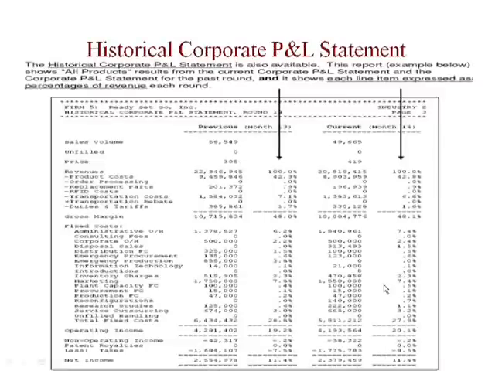Along with the current month's profit and loss statement, you also have information of the historical corporate profit and loss statement. And in addition, you get information as a percentage of revenues. So the cost components as a percentage of revenues, the previous month and the current month.